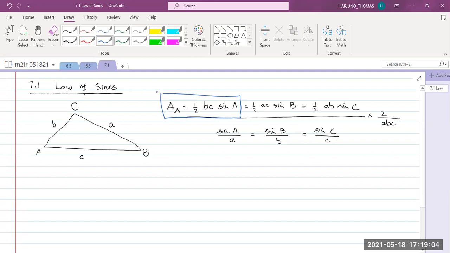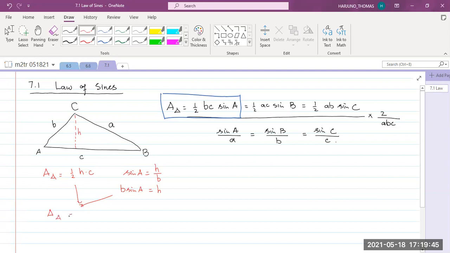If I never went over that before, then I can show you the proof of how to get that. But from now on, you still have to memorize that. Okay, how do we prove that? If I draw the altitude from C, this will be the height. So the area of this triangle is equal to 1/2 the height times C. But at the same time, we know that sine A equals height over B, so the height is B sine A. Now substitute that back in.